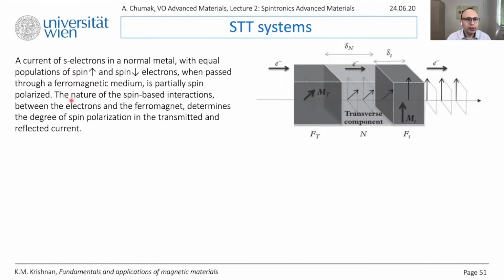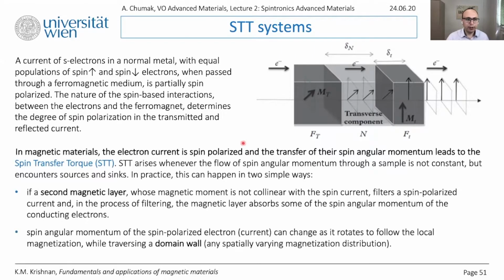So all the details we know about the spin polarization, and now you can define the spin transfer torque phenomenon in the following way. In magnetic materials, the electron current is spin polarized, and the transfer of their spin angular momentum leads to the spin transfer torque here in the second magnetic layer.